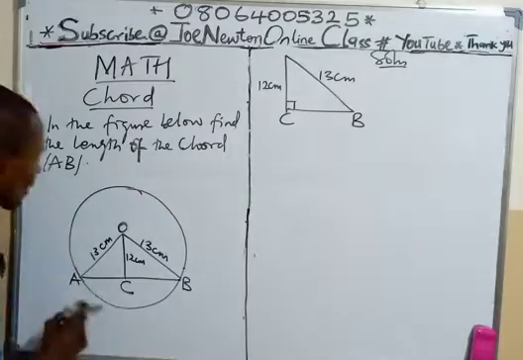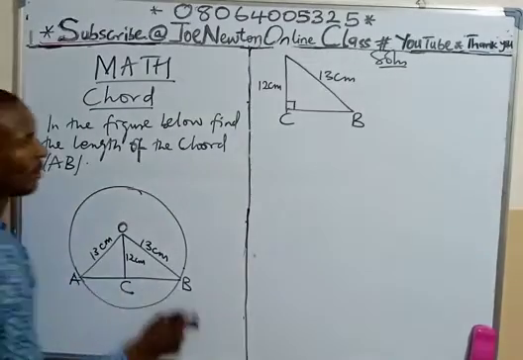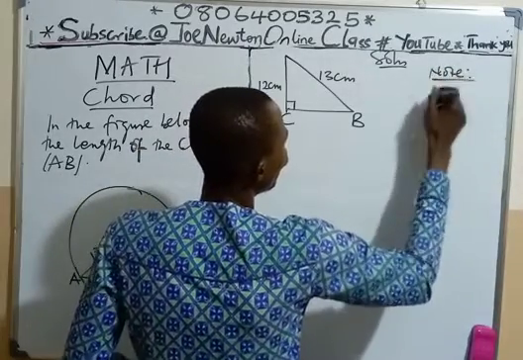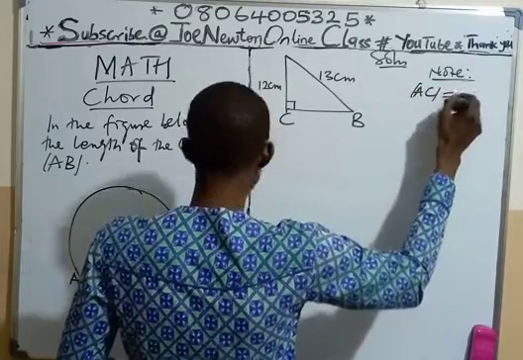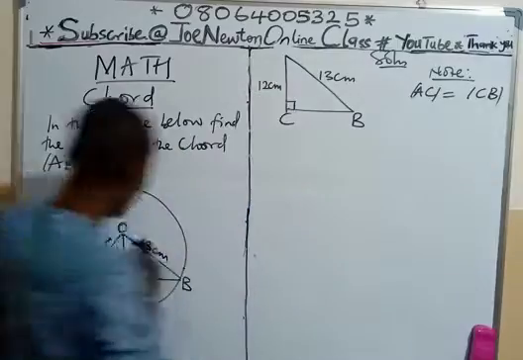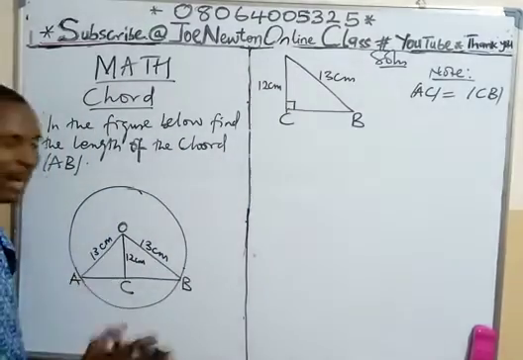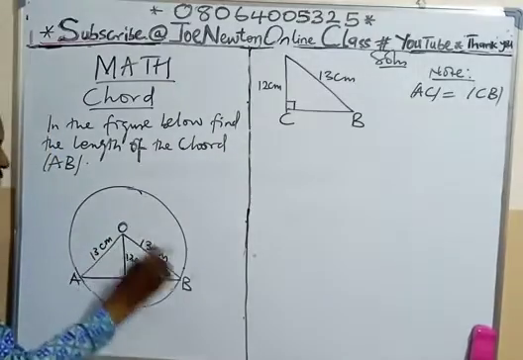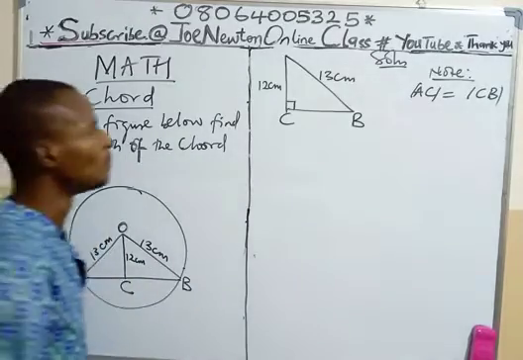And recall that AC is equal to what? CB. So we should note that line AC is equal to line CB because of this perpendicular that divides this AB into two equal parts. Because the triangle inside is isosceles, because the two radii are equal.